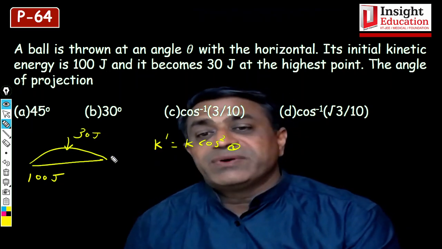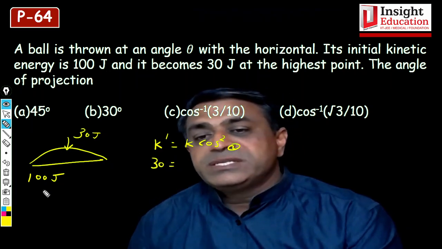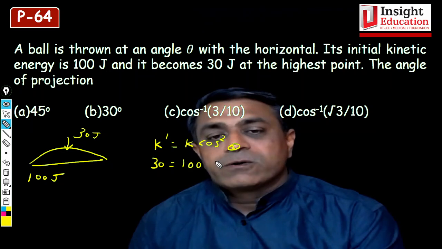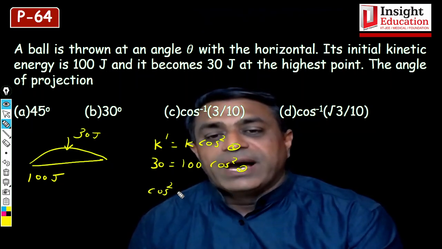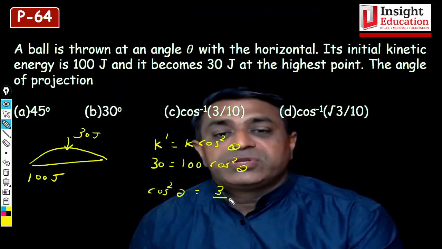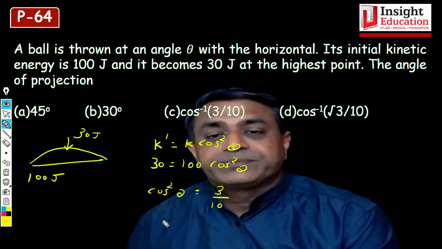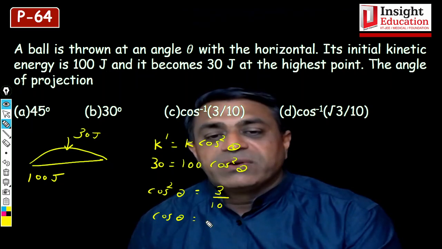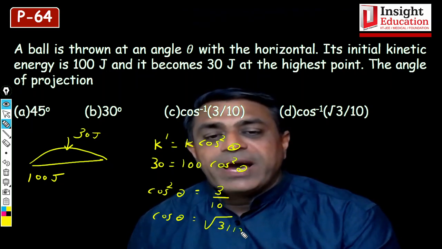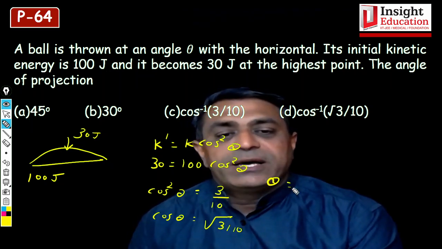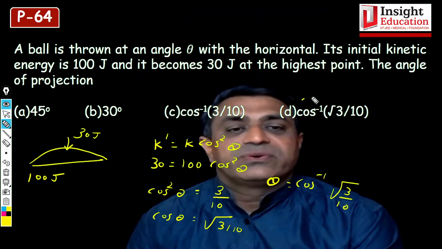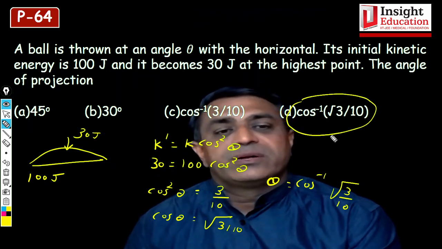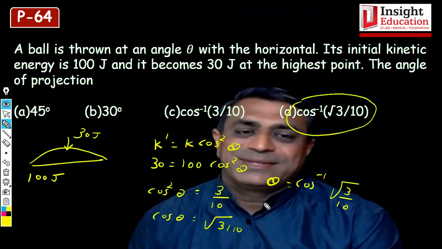K dash is given as 30, K is 100. We want to find theta. So cos square theta is 3 by 10. So cos theta is equal to root 3 by 10. So theta is equal to cos inverse of root 3 by 10.